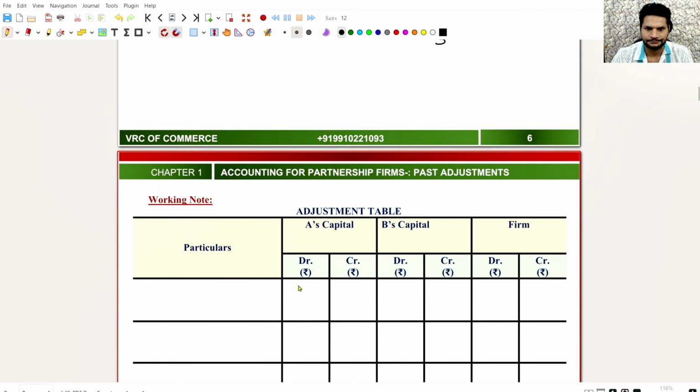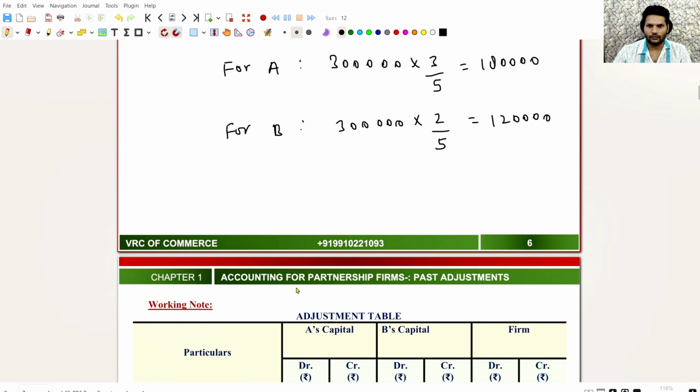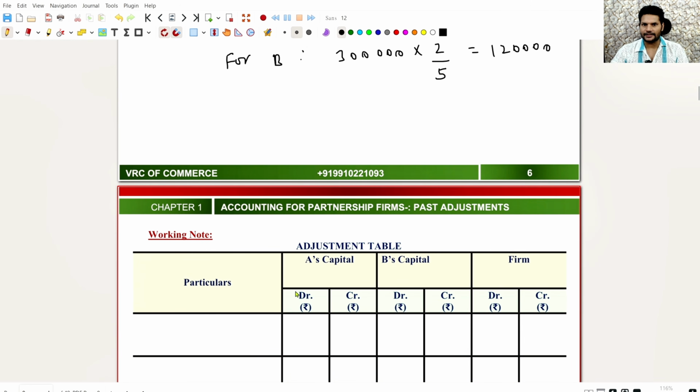Now, what you have to do is that initially you have distributed the wrong profit, right? Without allowing the salary and also the interest on capital. Now you need to take back that profit which you have already distributed.